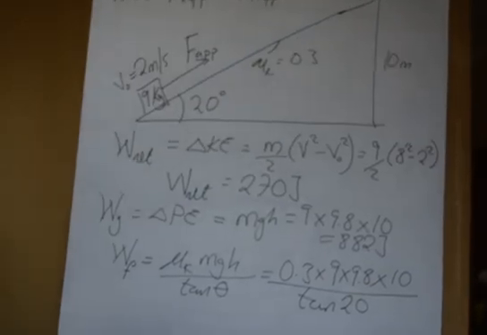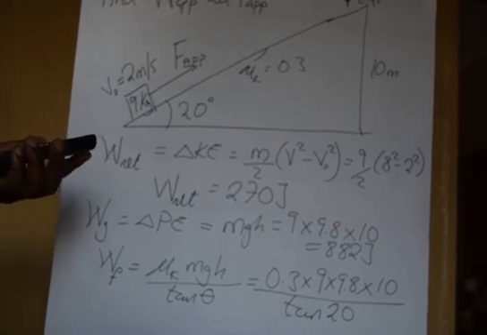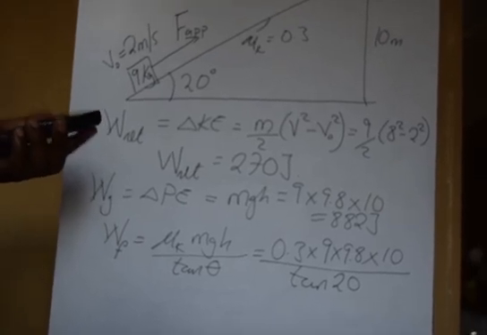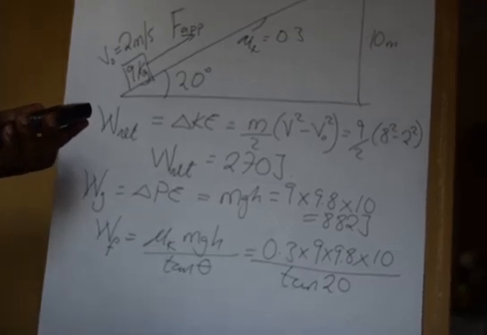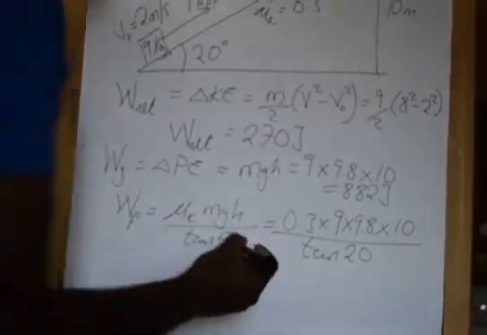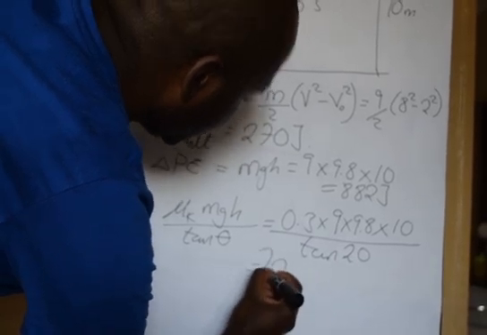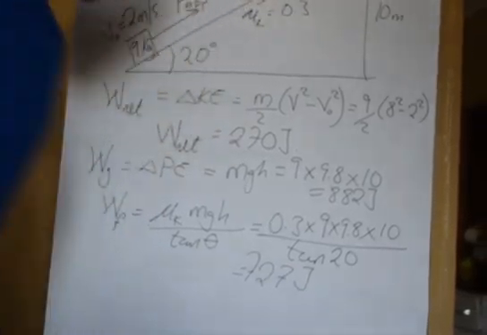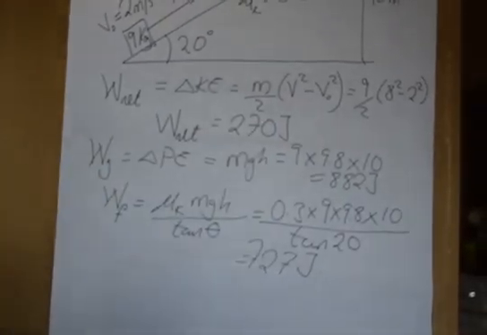So you will say 0.3 times 9 times 9.8 times 10 divided by tan 20. This will give us about 727 joules. So these are the individual respective works that are done.